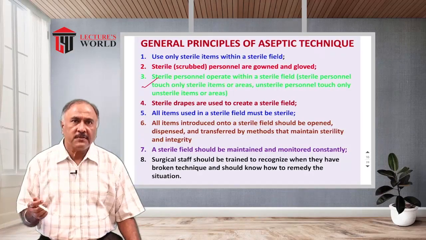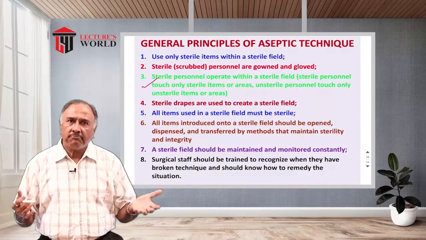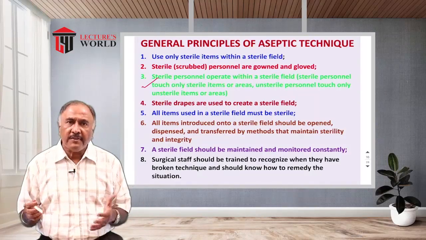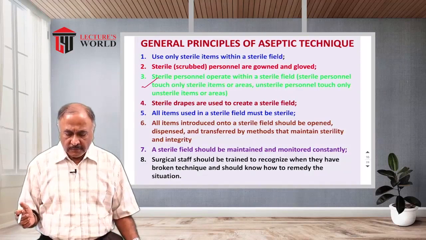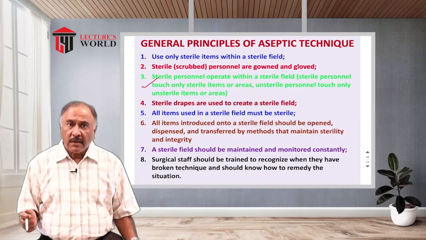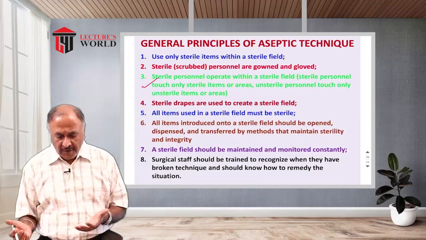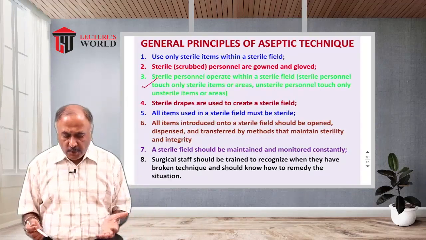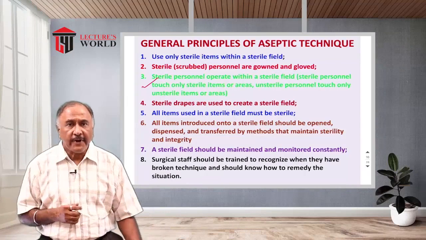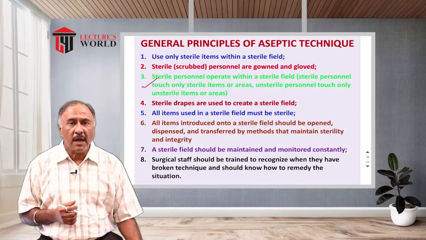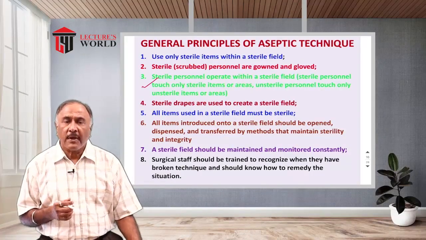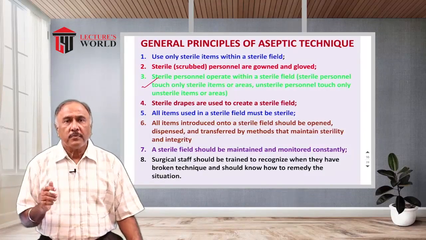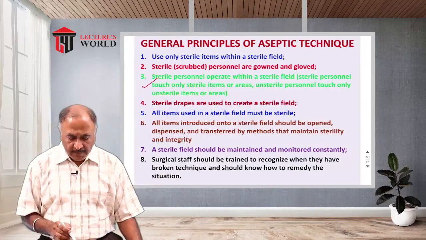So these persons, we call them sterile persons. They should operate within the sterile environment. Sterile items within the sterile field. Even sterile drapes are used to create sterile fields. Drapes are used largely to separate one individual from another. So these have to be sterile.